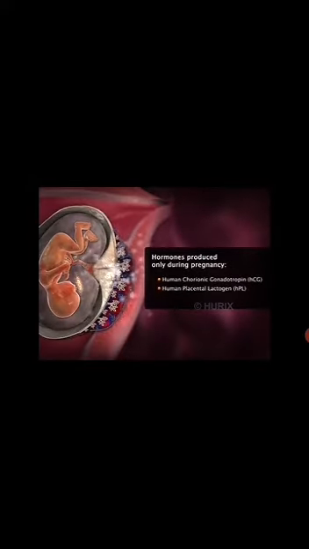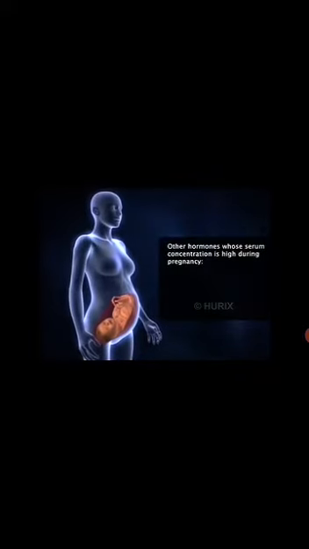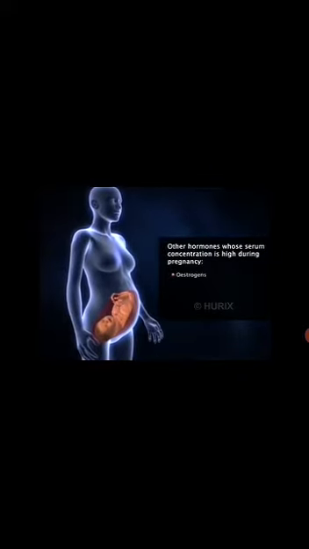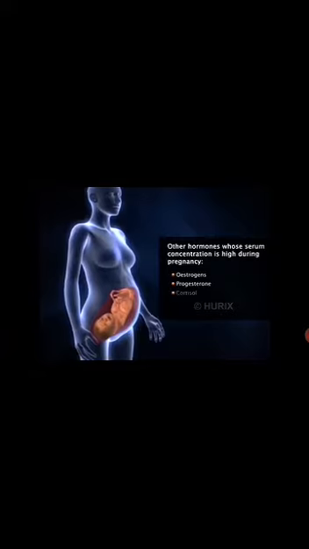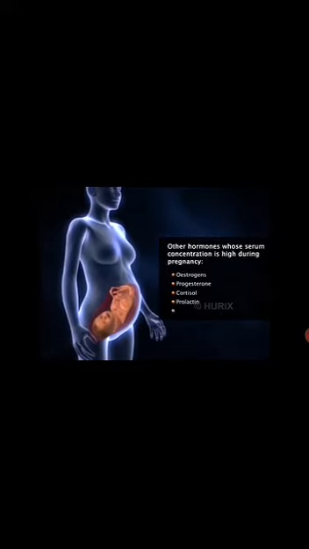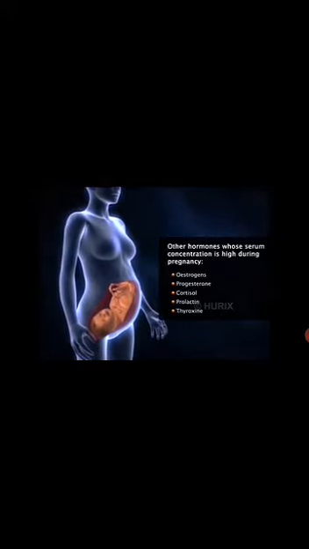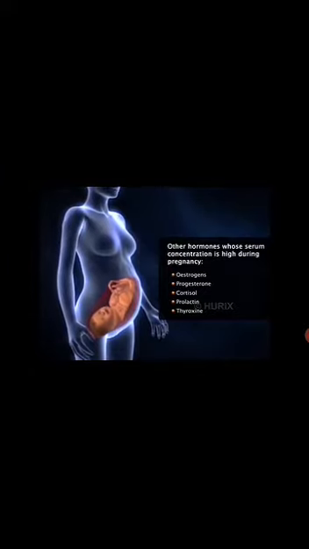HCG, HPL, and relaxin are hormones that are produced in women only during pregnancy. The serum concentration of other hormones such as estrogens, progesterone, cortisol, prolactin, thyroxine is also very high in a pregnant female.